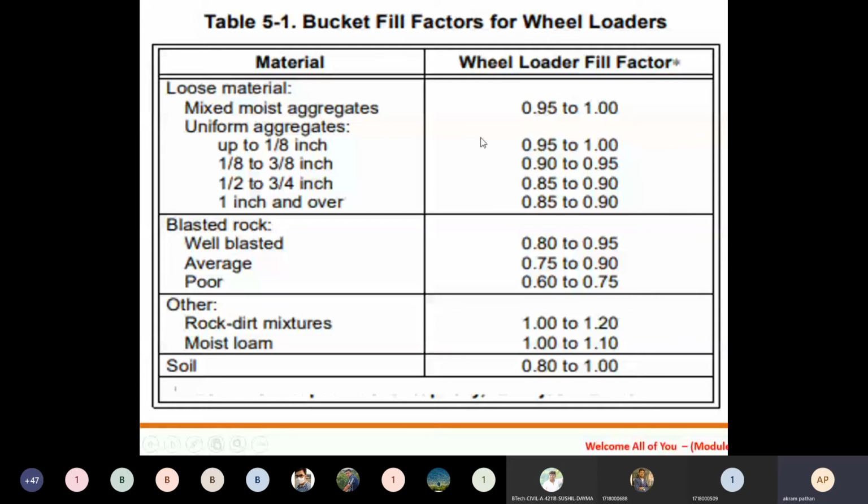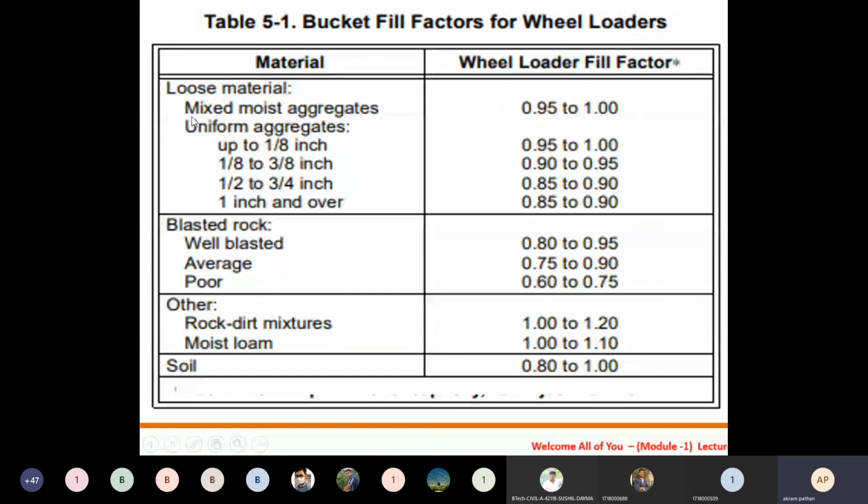So for example, loose material, mixed moist aggregate, then the wheel load factor is in between 0.95 to 1. While manufacturing, the manufacture of this machine is done with the help of a mechanical engineer. So this factor is used by the mechanical engineer while manufacturing of this machine.